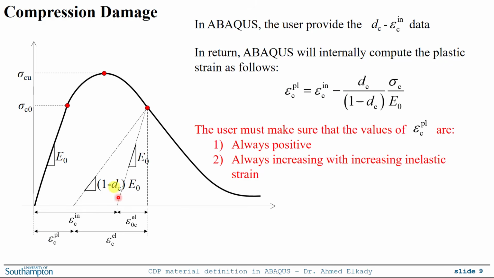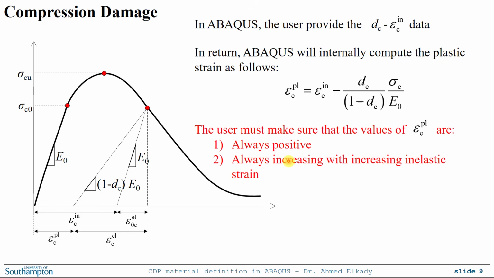It's a very straightforward formula that you can deduce from this illustration I'm showing over here. But you need to make sure beforehand, if you are doing this in Excel, that these plastic strain values are always positive, that they don't go negative, and that they are always increasing with increasing inelastic strain.